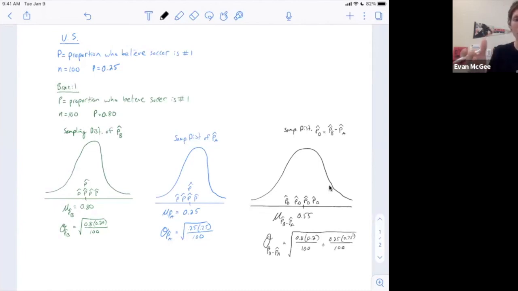Now, in this problem, I've already told you the difference because I wanted you to understand what we're going to be doing in the future. And if they told us the true proportion was 25 and 80, then there'd be no point in us doing this because we know what the difference is. So this is the distribution that we're going to be using for all two sample inference regarding proportions.